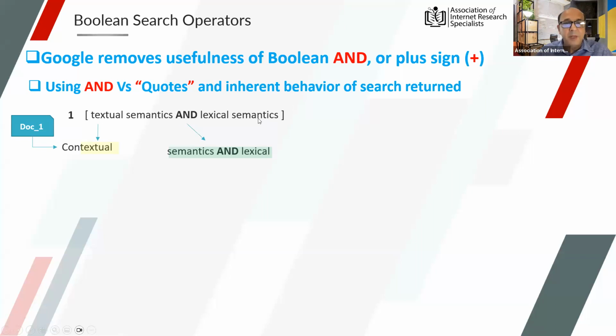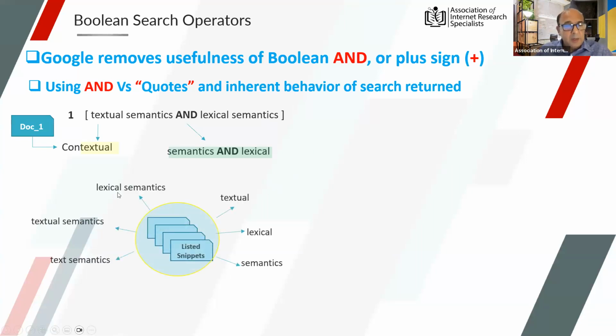Incidentally, semantics is repeated here, but even if it were another word instead of semantics, the words closest together, lexical and semantics, would have priority to be found. Okay, so that's how it is programmed.